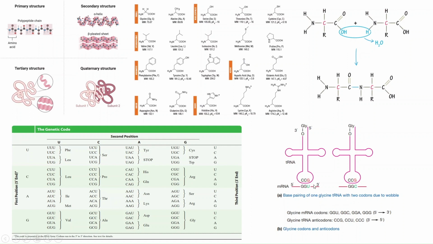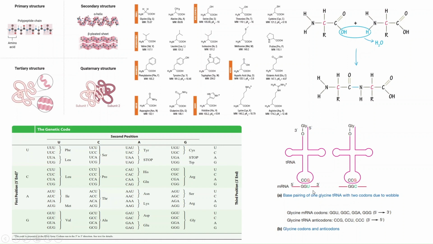For example, the mRNA sequence here has a GGU, and this has a CCG. So they are complementary, so they will bind, and this GGU is going to code for glycine. So that amino acid will be transferred here by this tRNA.